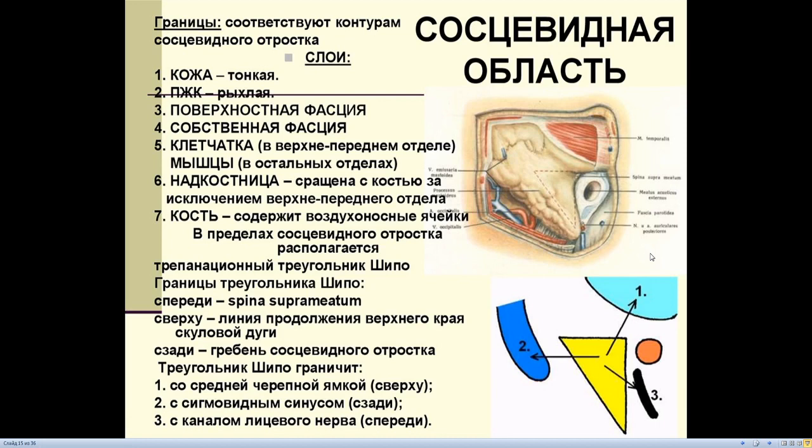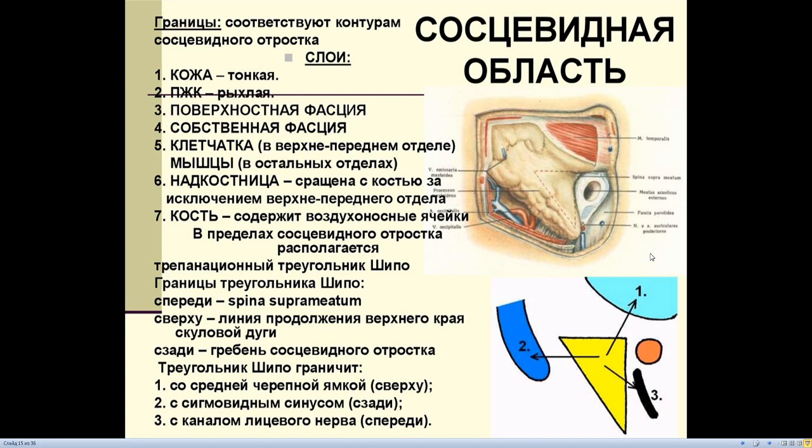The periosteum has a deep connection with the bone, with the exception of a small area which is triangular in shape. We call it, as you understood, the trigonum of Shipo.